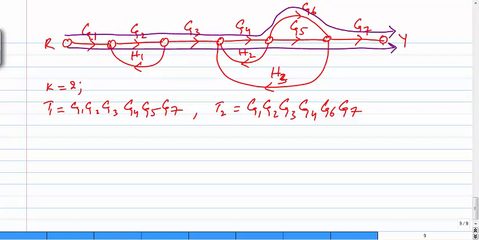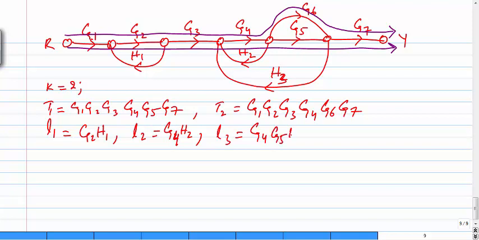Okay. Now the next thing is we have to find the loops. So we have loop 1 with gain G2 H1, then we have loop 2 with gain G2 H2, then we have loop 3 with gain G4, sorry, this is G4 H2, then we have G4 G5 H3, then we have loop number 4, that is G4 G6 H3.